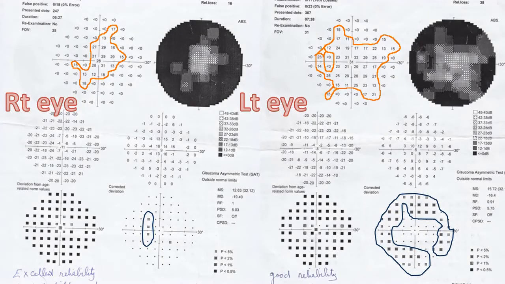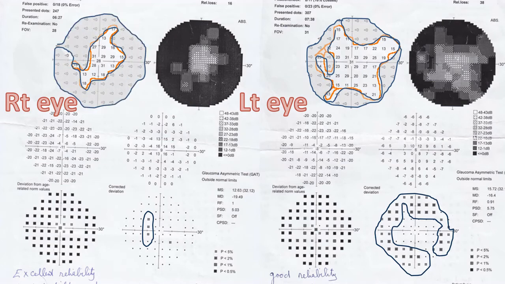Here, I highlighted with orange the areas with values in the numerical part. All this area got values of 0. As you notice, on the right side the locations with 0 value are much more than those on the left side.